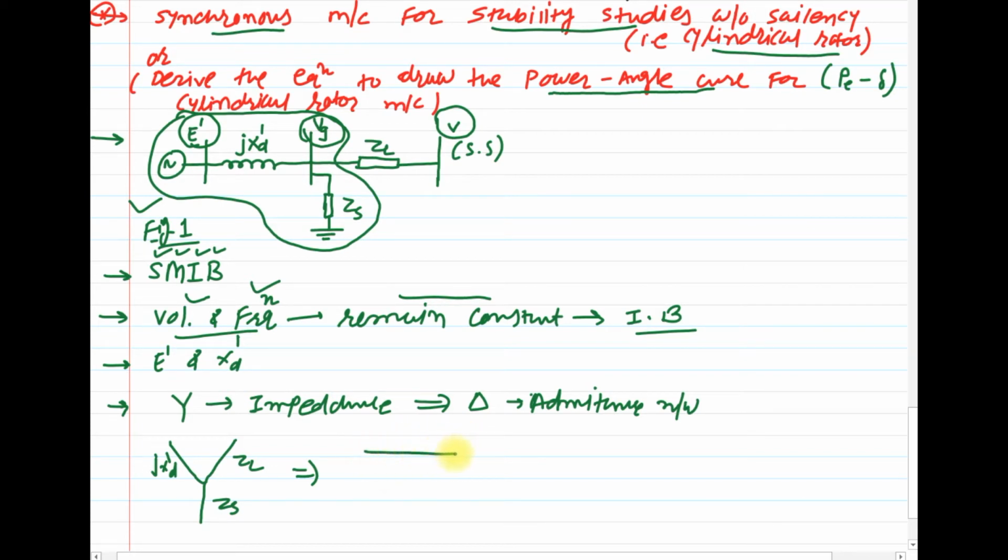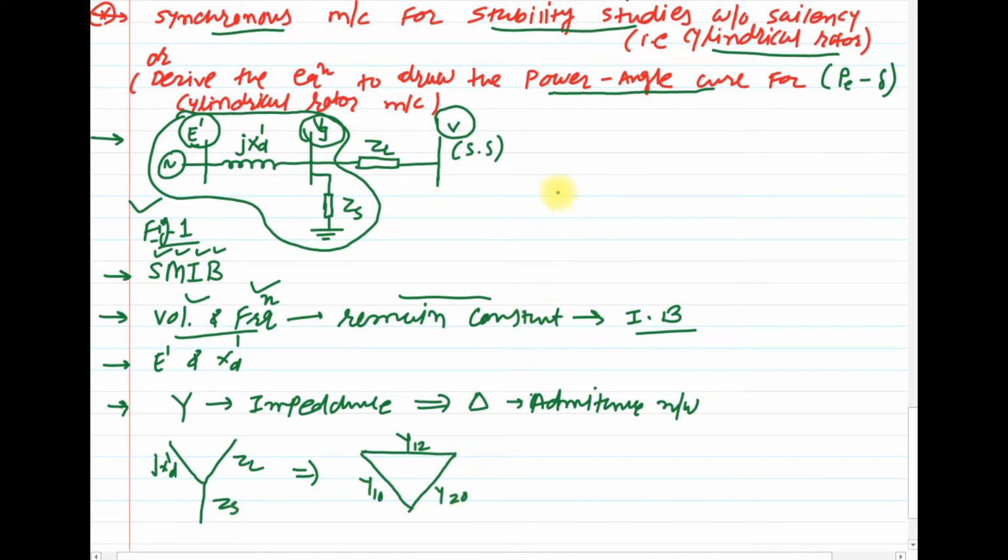I will draw the equivalent circuit, but for understanding, for the star to delta conversion just recall the theory you have studied in your first year subject. Apply the same theory here to convert the star equivalent network into the equivalent delta network. Clear? So here Y12, Y10 and Y20.